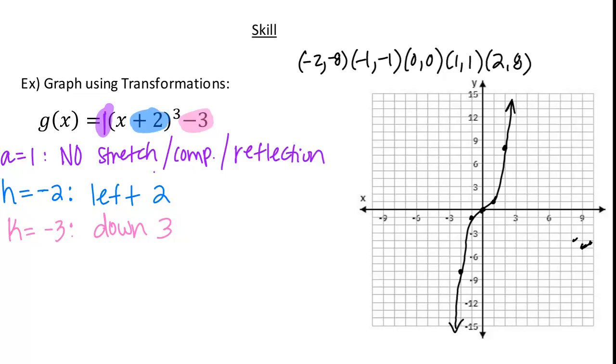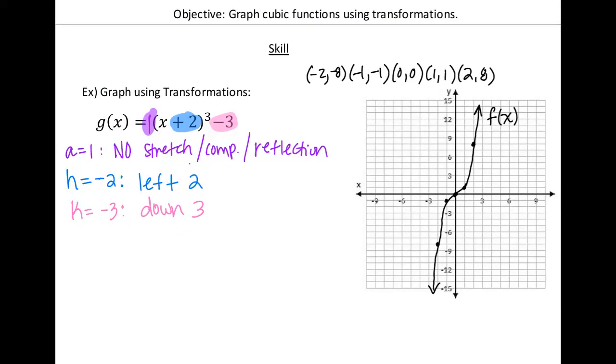And we're going to call that one f of x every time, because that's the parent function. We are transforming the parent function, which is f of x equals x cubed.